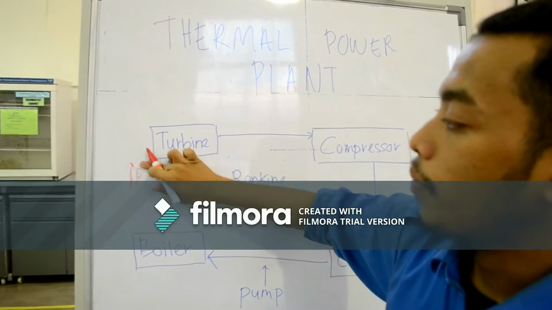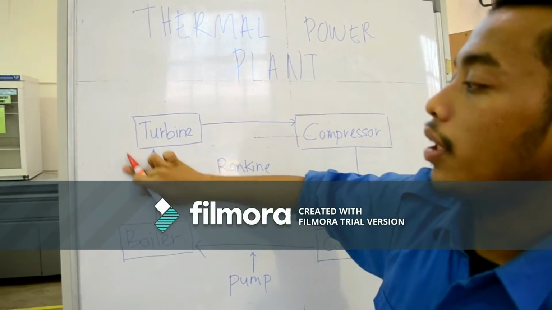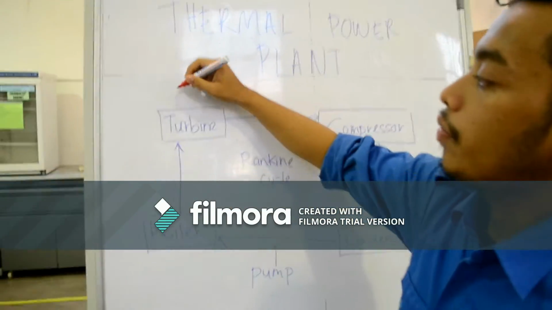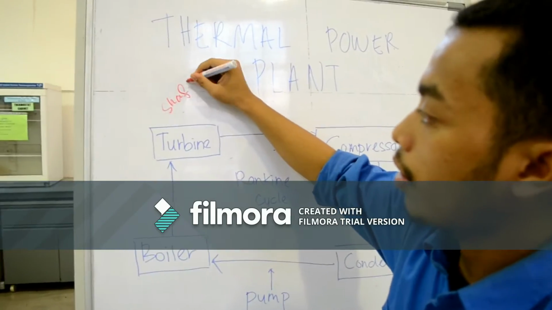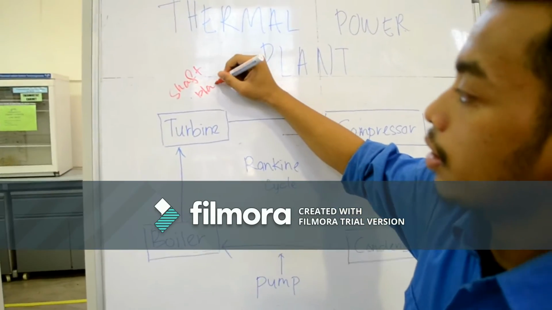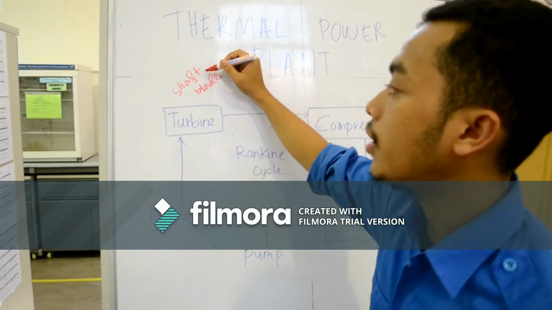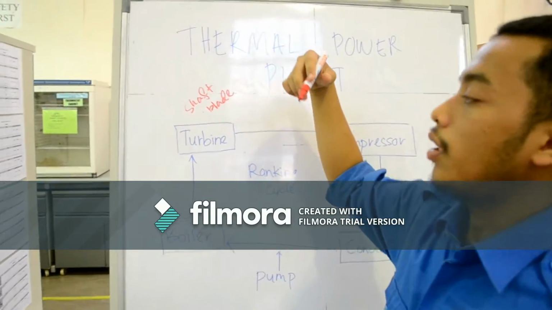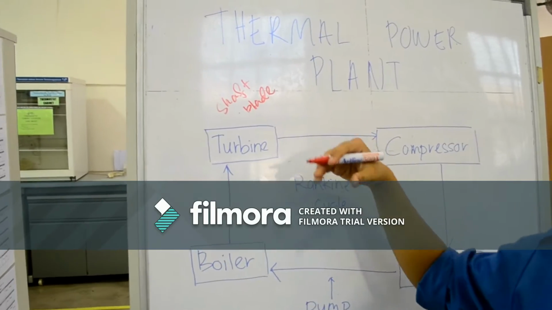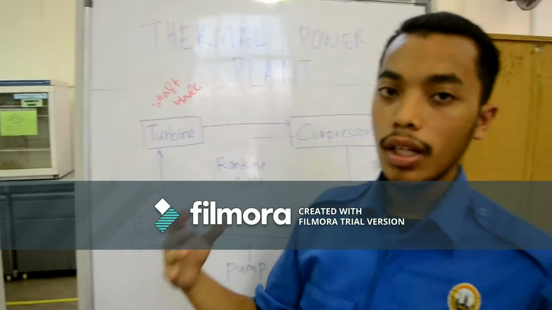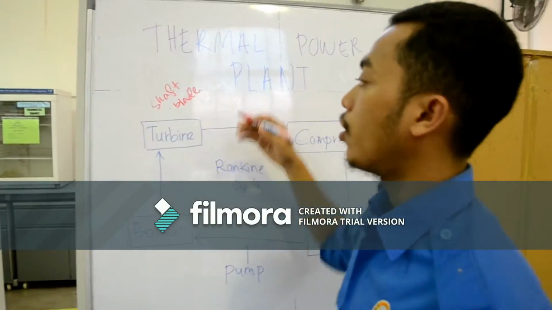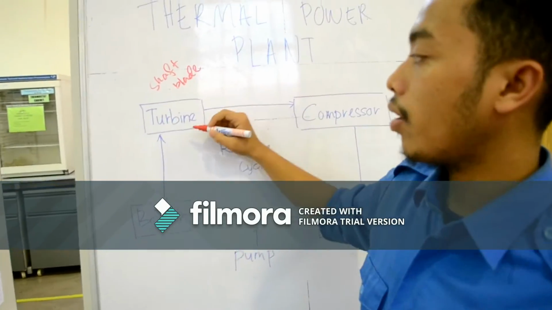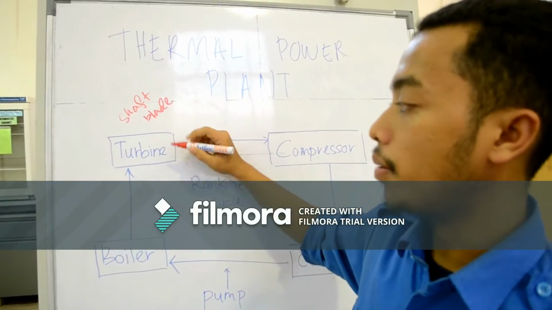The important components in the turbine are the shaft and the blade. The shaft is the rotor used to drive the generator to convert mechanical energy into electrical energy. The blade is the important part of the turbine.